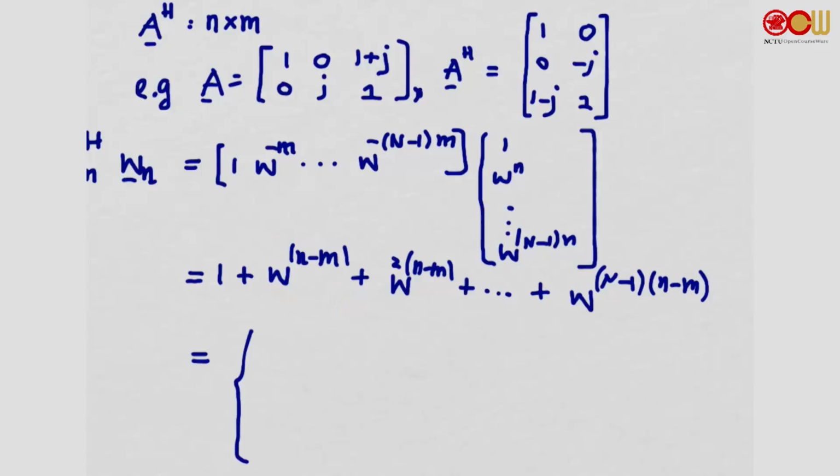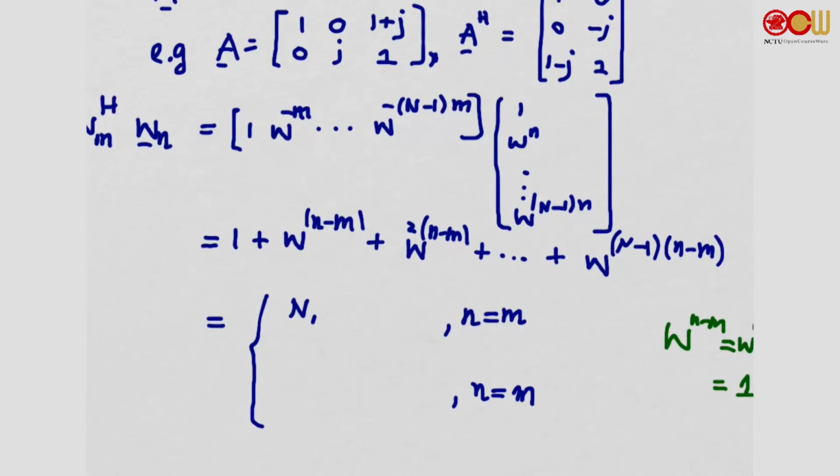Now, when n is equal to m, then W^(m-m) would simply be W raised to the power of 0, and that's 1. So each term is 1. So we get N terms, then we get N. When n is not equal to m, we can use the geometric series with a common ratio W raised to the power n minus m to write down a general expression for this summation here.